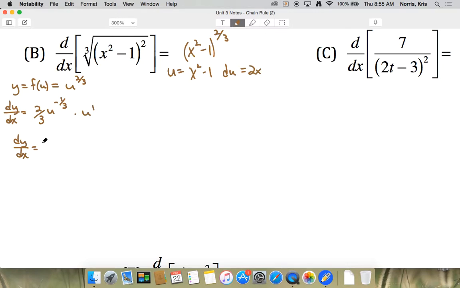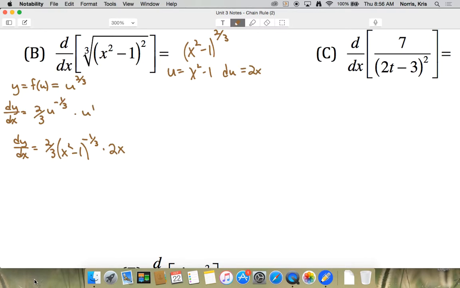And then you're going to write 2/3 times x squared minus 1 to the negative 1/3 times 2x. That's the way I do the chain rule now. I've done it enough, right? Hopefully you can get to where you don't have to do any of this and you're just writing that. But if you got it organized, don't fret. That's fine.